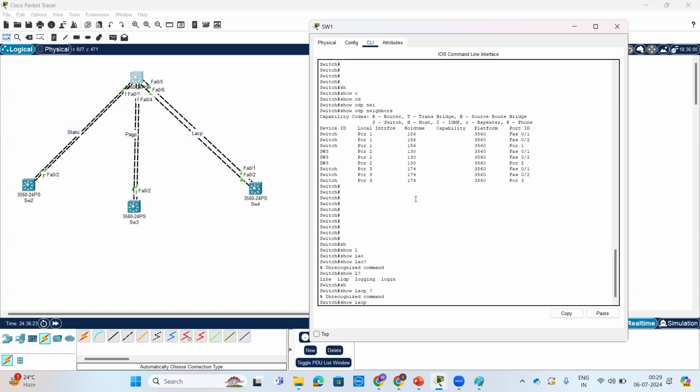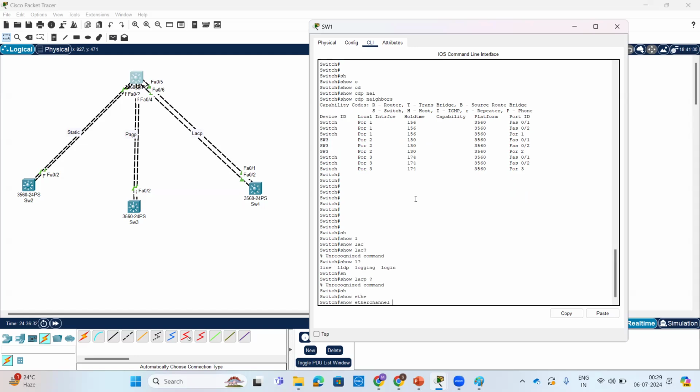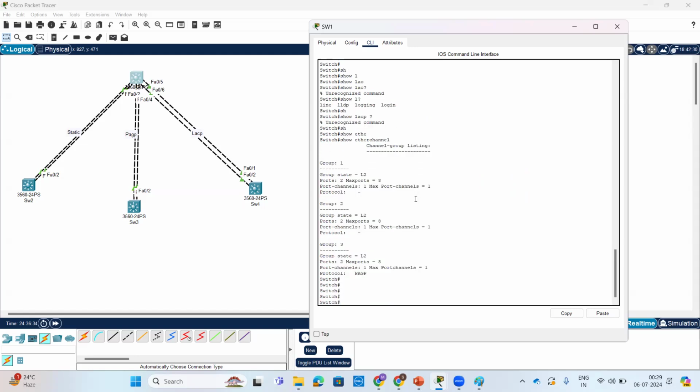So this command is not working here, so leave it. So how do we verify with the help of show EtherChannel how many groups are enabled in between. You can verify with the help of this command.